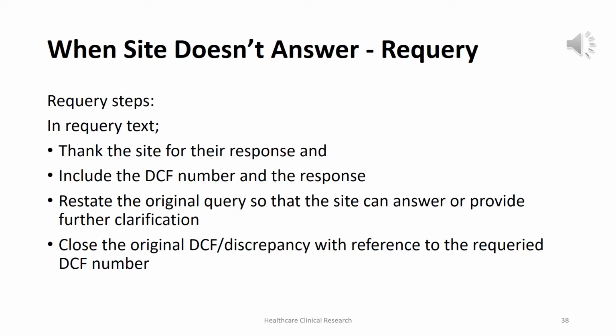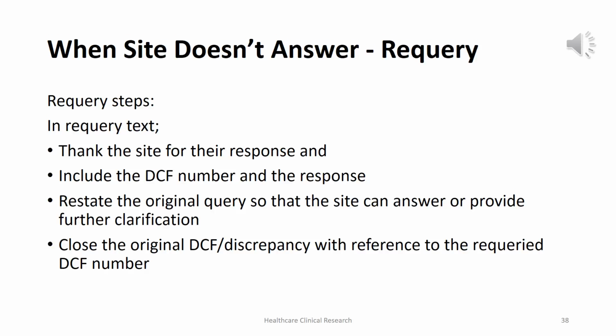So in some of the preceding queries, you've seen where the site responded, but their answer either didn't make sense or they didn't actually answer the question that we asked them to answer. So in this case, we have to issue a requery. There are a couple steps that we go through to accomplish this.